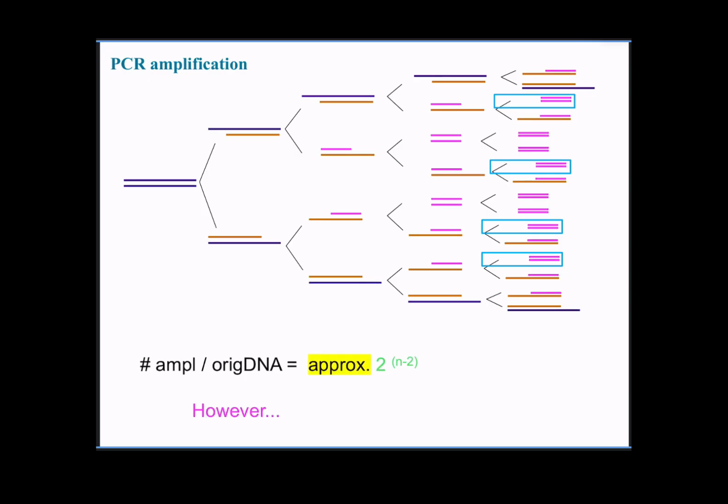However, I emphasize approximately that number because, and this will come back to bite us, I guess, next week, there is a physical-chemical limit to what PCR can do. On paper, we should get 2 to the 33 amplicons for every template DNA that contained our sequence of interest was present in that sample.